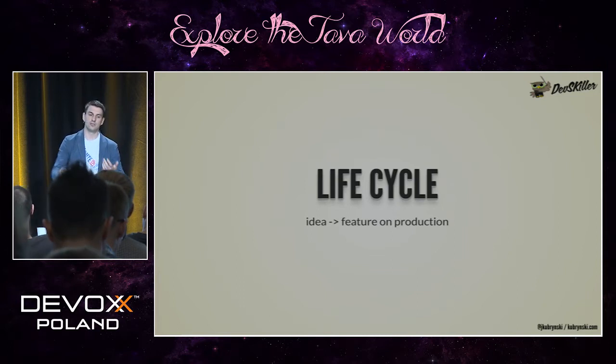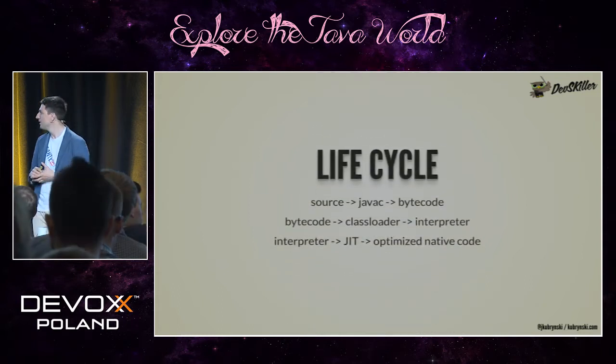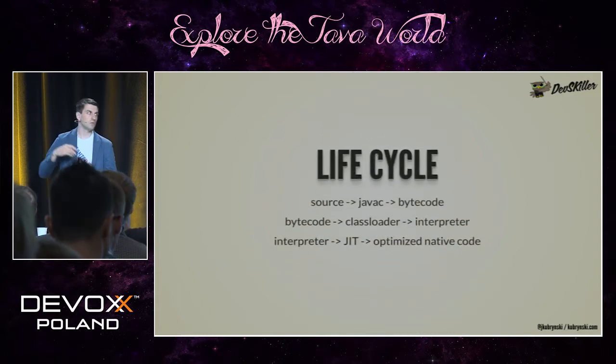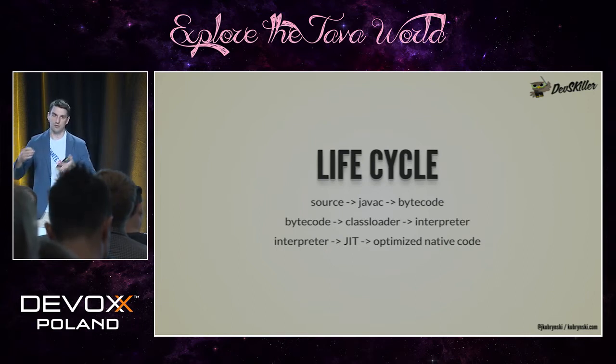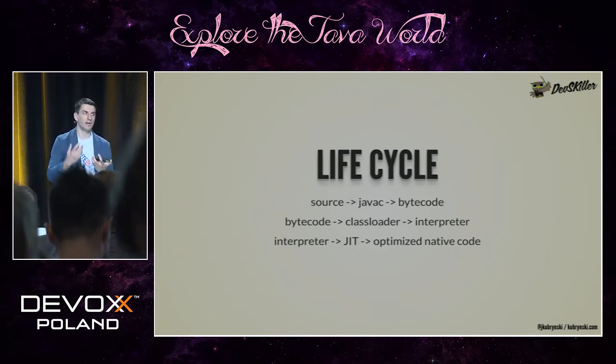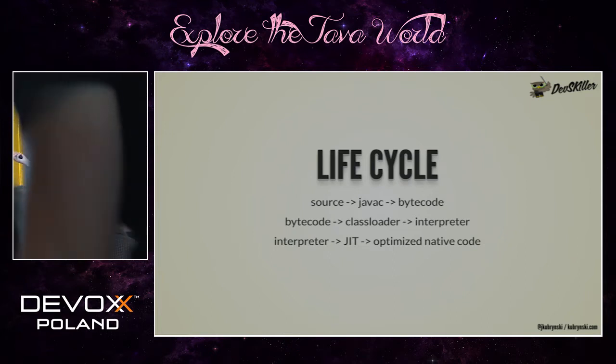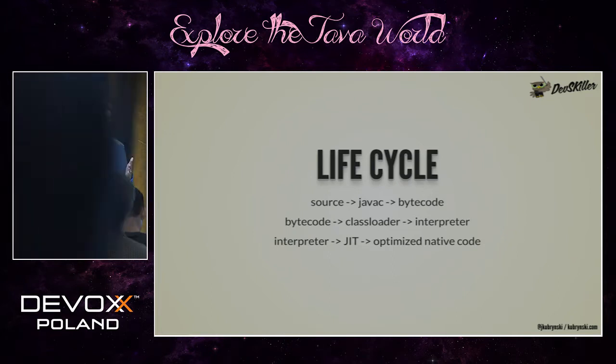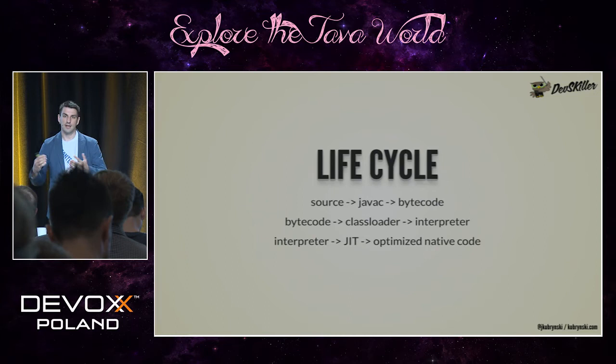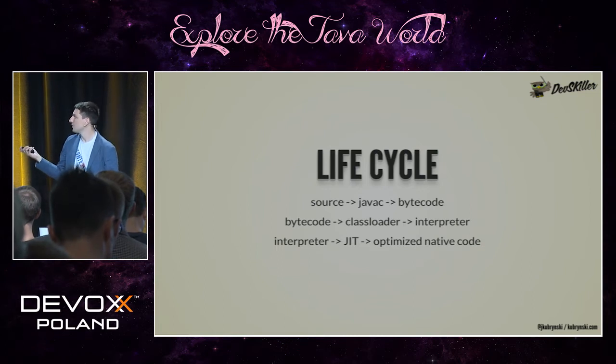The life cycle for us looks a little bit more complicated. We start with the source code, the place where we code our ideas. Then we use javac to convert the source code into bytecode. Then the bytecode is loaded by class loaders and run in an interpreter.